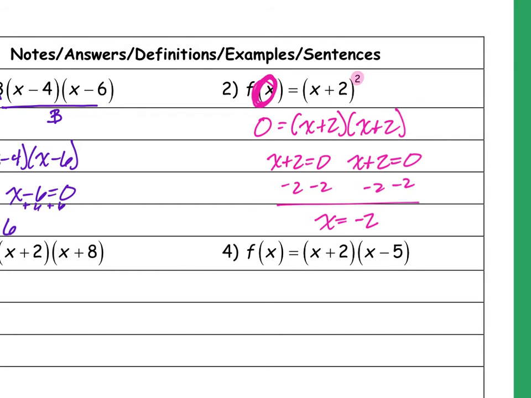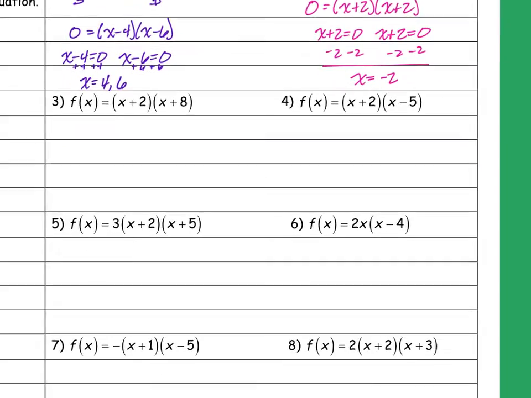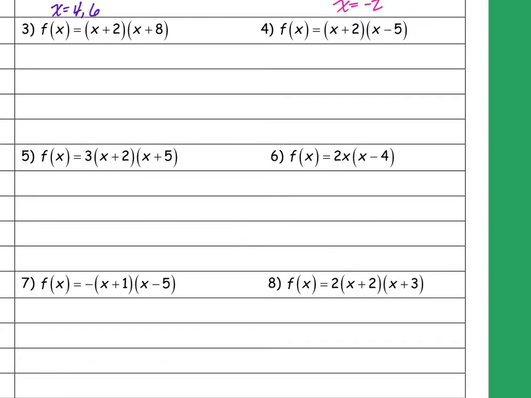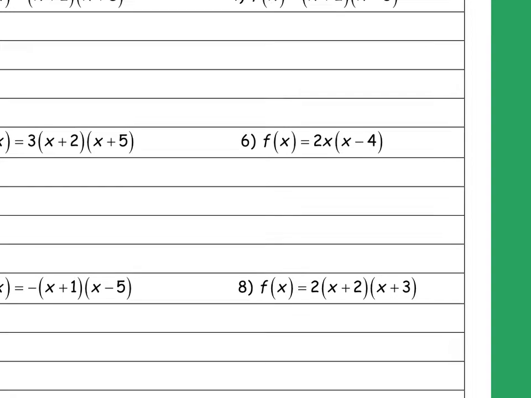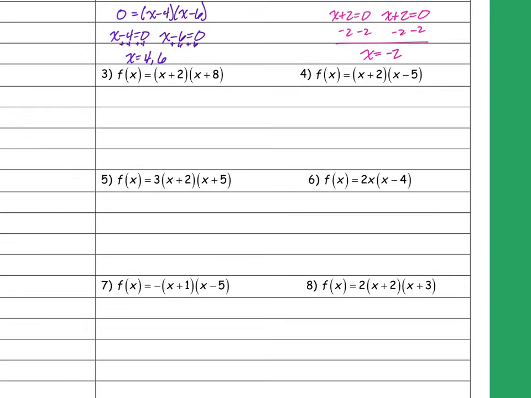Okay, so now you guys are going to do 3, 4, but let's look at 6 really quick. So what's different about number 6 than the other problems? There is no squared.